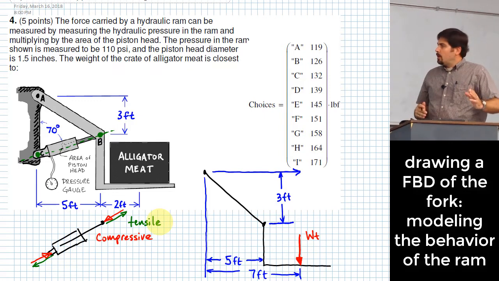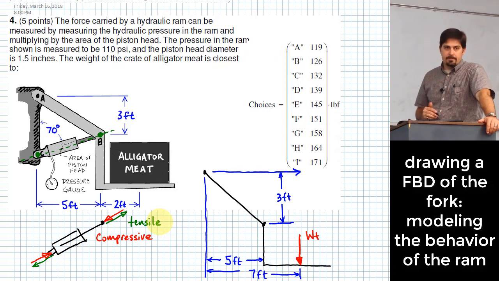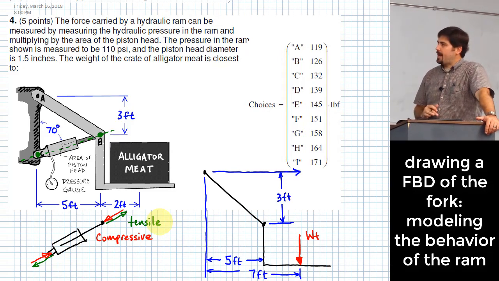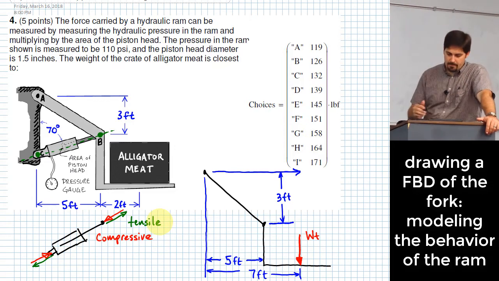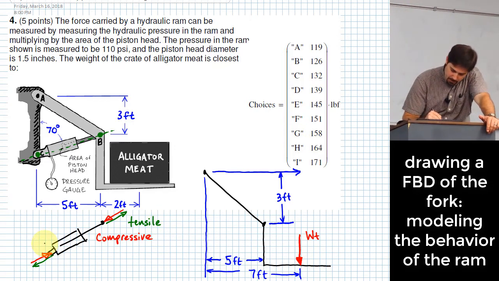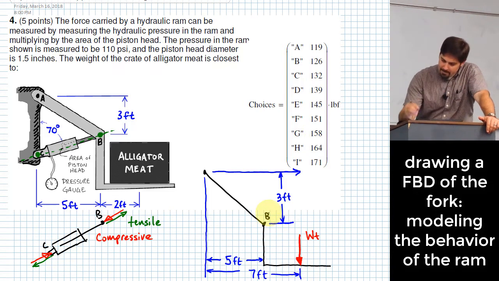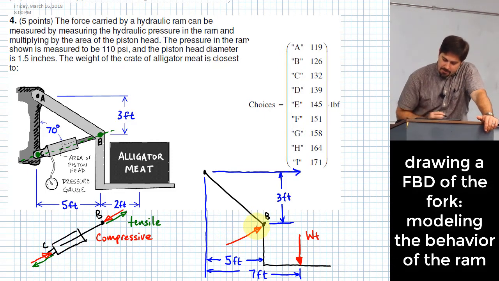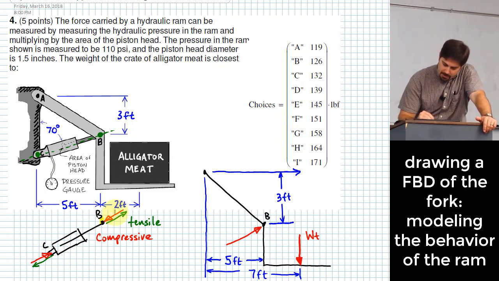Okay? Well, if that's the direction of force that acts in the hydraulic ram, then what direction does that mean force acts on the fork, body AB? What direction does the force act at point B? Because remember, this is point C, this is point B. Point B is also up here. And what I would say is Newton's third law says that that force would act equal in magnitude, opposite direction to the one that I showed right here.